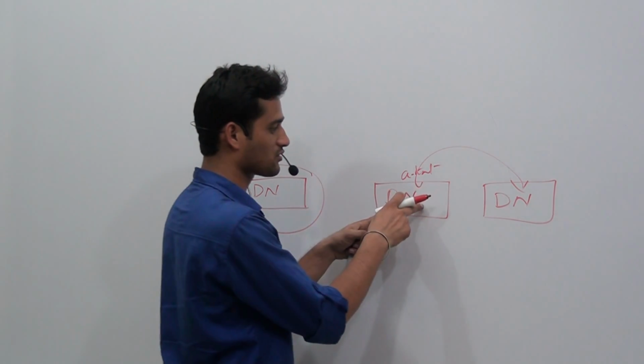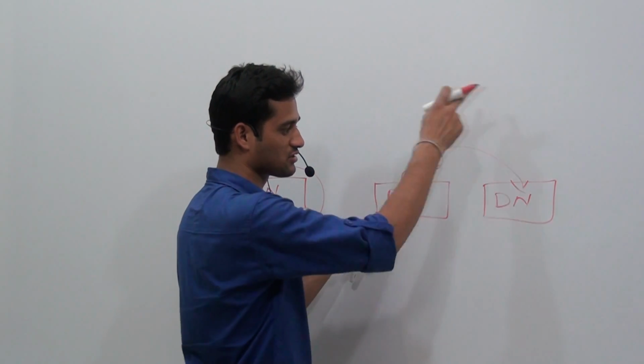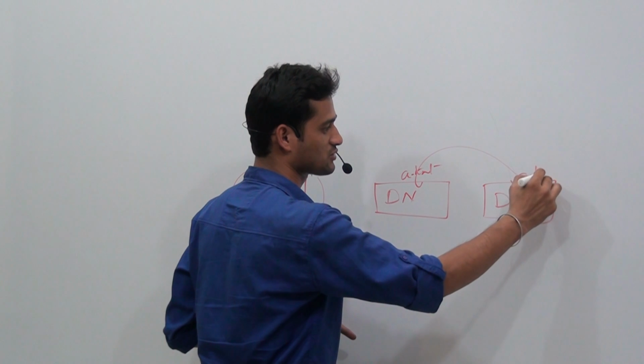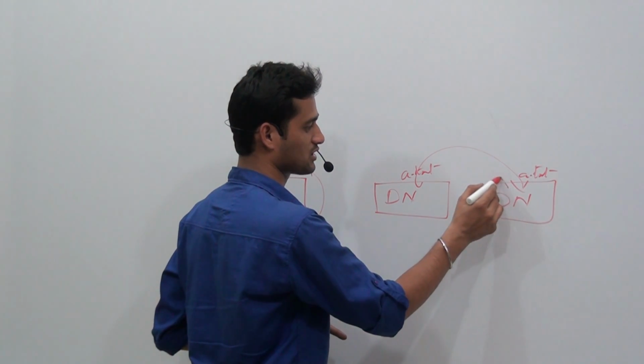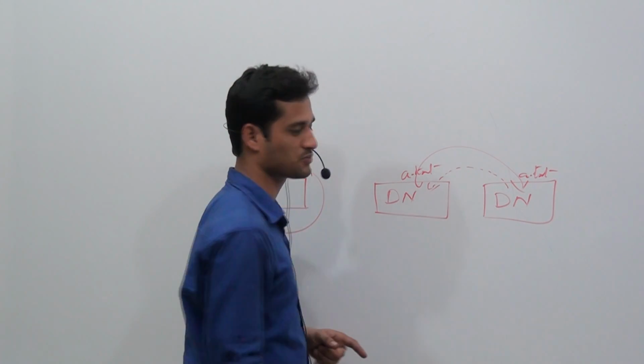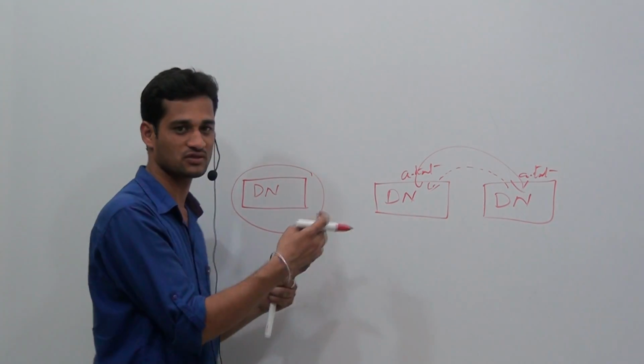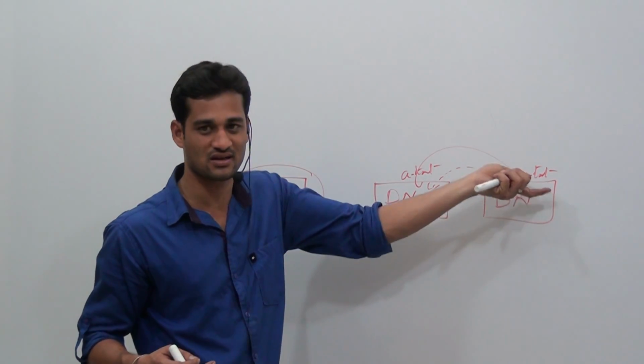This data node tries to put the a.txt file into another data node where there is free space. Once it is done, it automatically sends a response back to say that the a.txt file has been stored.